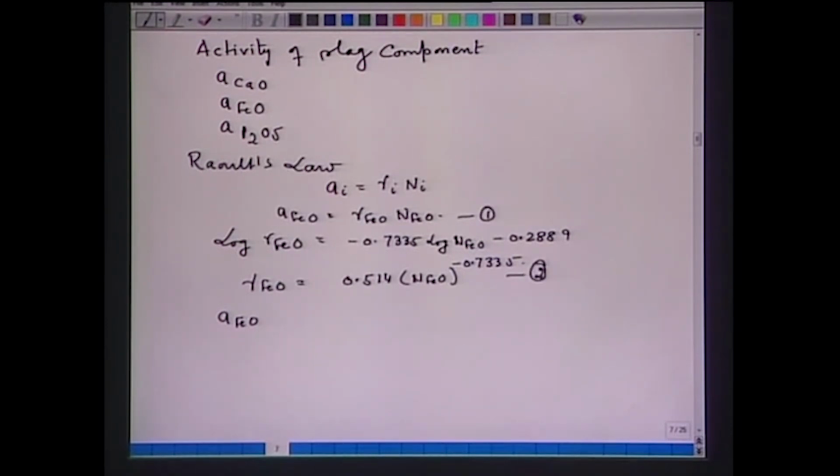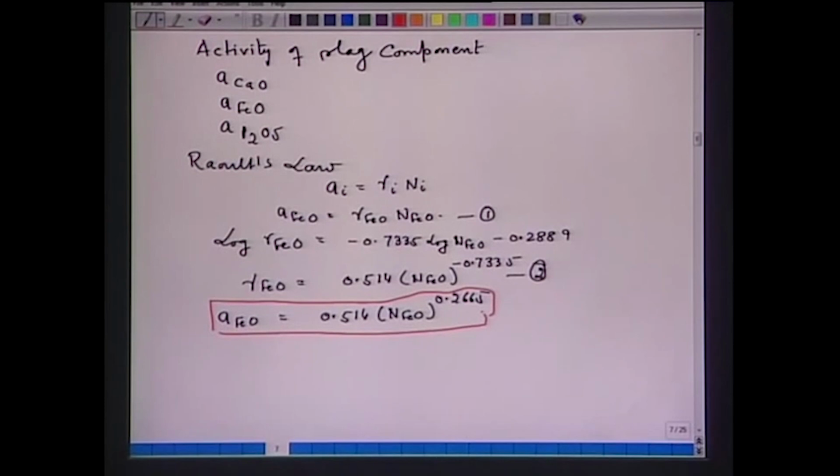Now, if I combine equations 1 and 2, then the activity of FeO becomes equal to 0.514 NFeO to the power 0.2665. So, from this equation one can calculate the activity of FeO.